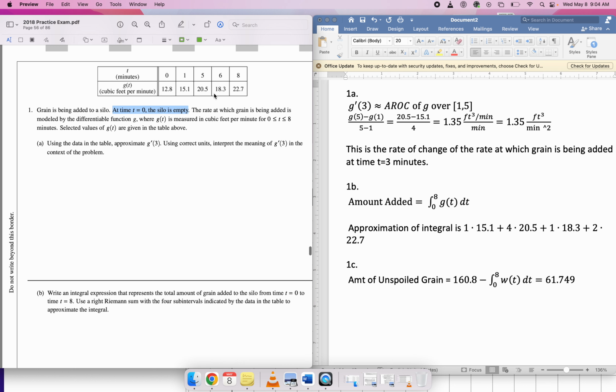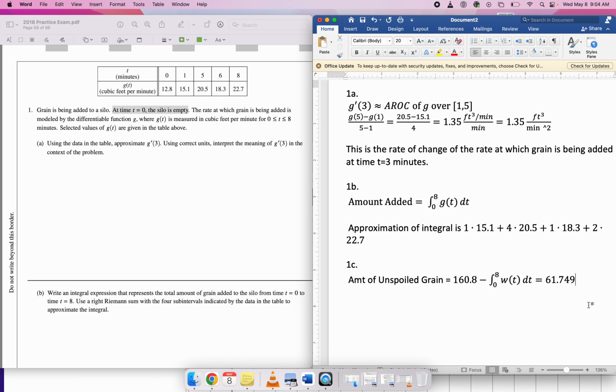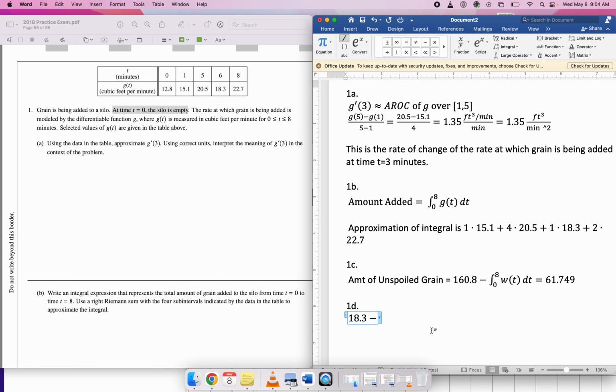We know the exact rate at which grain is being added to the silo at time t equals 6. It's 18.3. So I think what you want to consider is the difference, 18.3 minus W of 6. That's the rate at which the grain is spoiling.